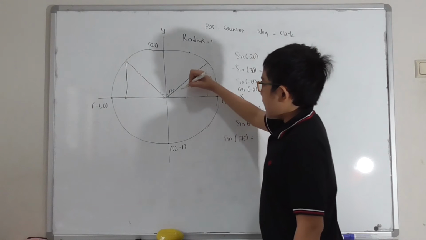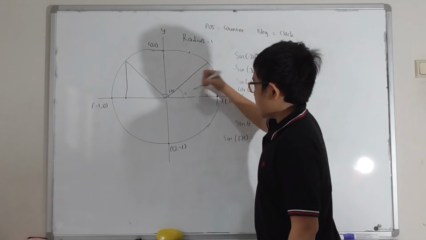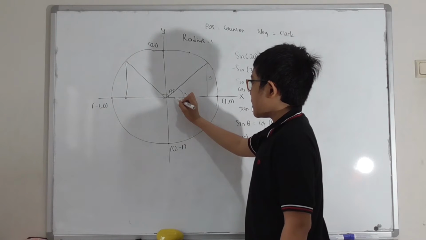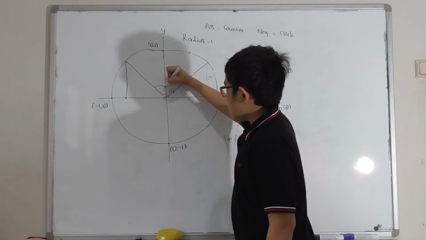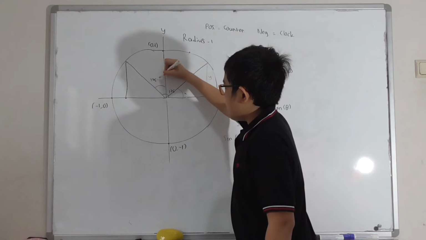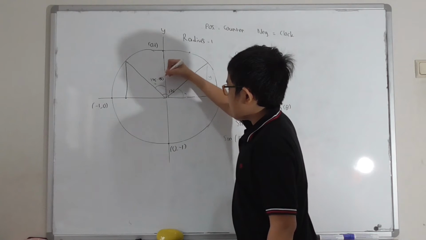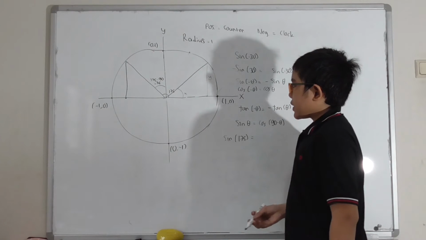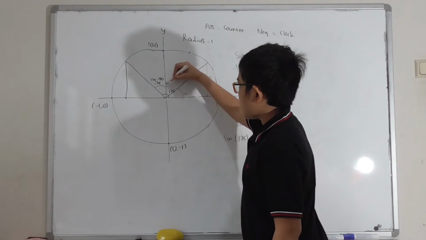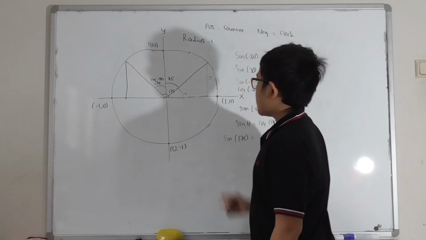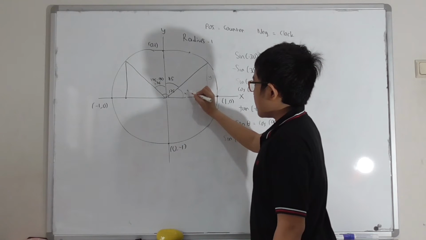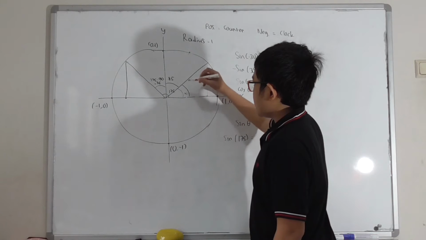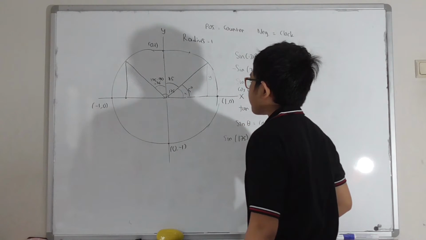So, what about the angle of this symmetrical triangle? Well, we know that this is 175, so this angle is going to be 175 minus 90. That's going to be equal to 85. And then, because it's symmetrical, this one will also be 85. So this angle is going to be equal to 90 minus 85, which is 5 degrees.